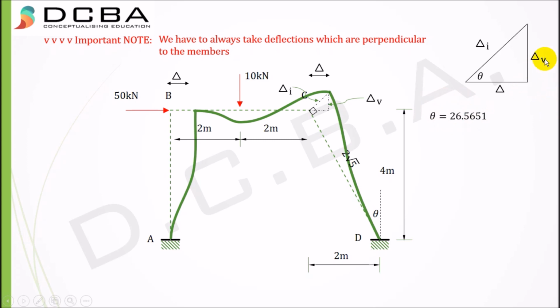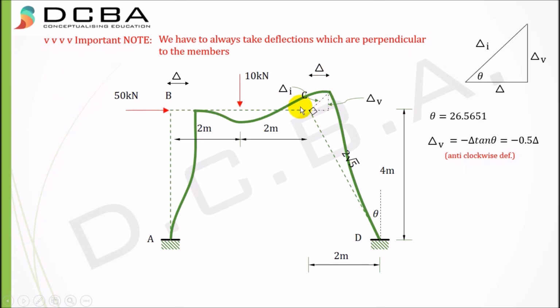And then we just need to find the relation between delta V and delta I. So delta V is equal to minus delta into tan theta, equal to minus 0.5 delta. Now why is this negative? Because according to our sign convention, everything that is anti-clockwise is negative. If you check, the member BC has this joint C gone vertical, has got a vertical deflection.